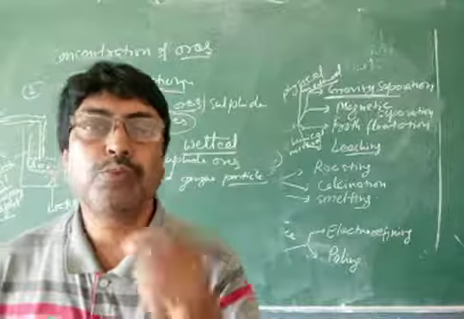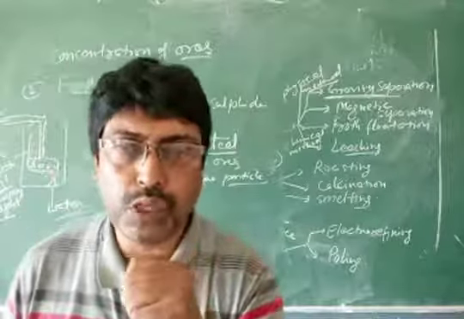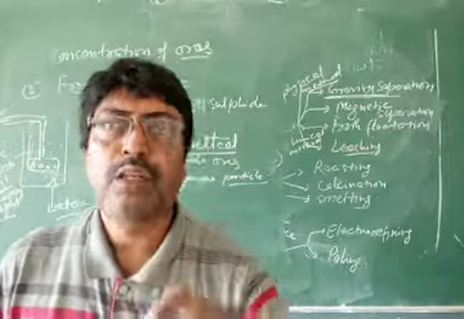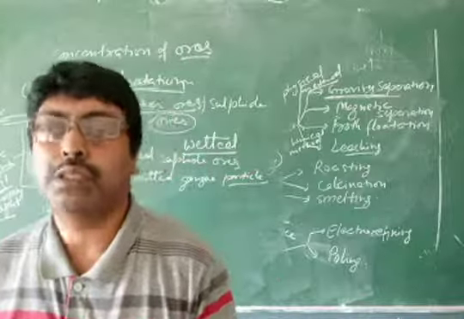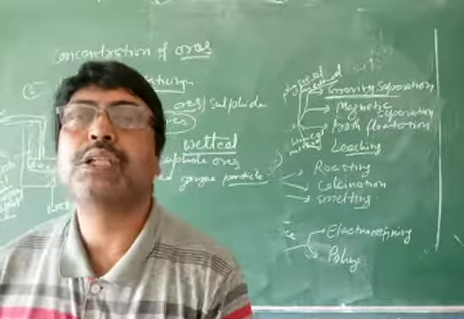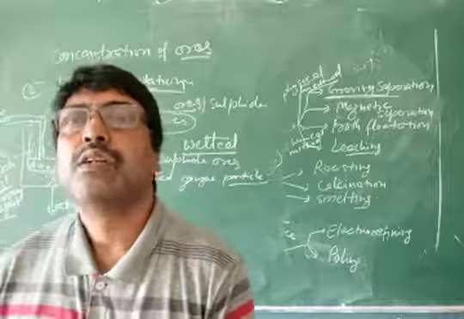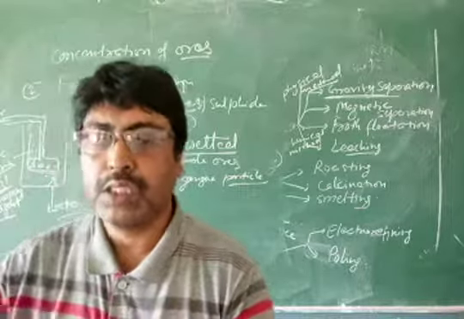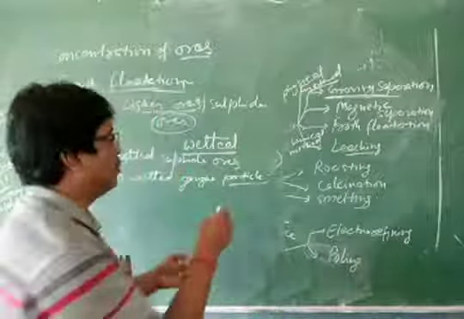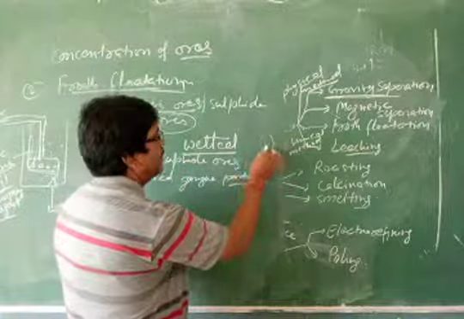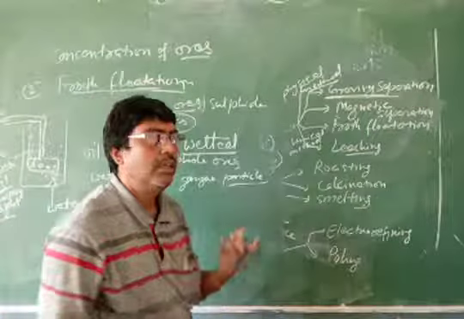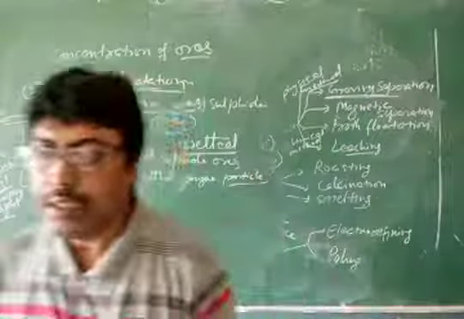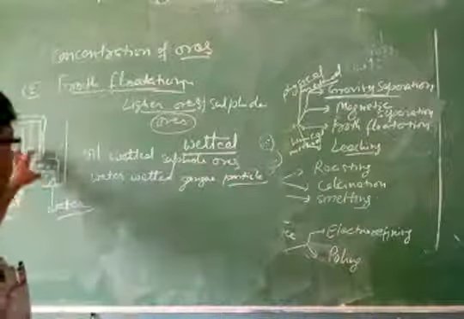When you blow air into the soap water with your mouth, bubbles come out from that water. What are bubbles? Bubbles are a layer of soap with air inside. That type of incident happens here.